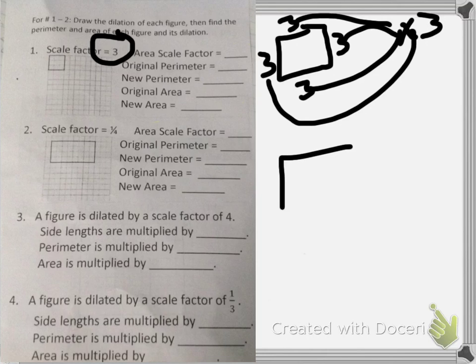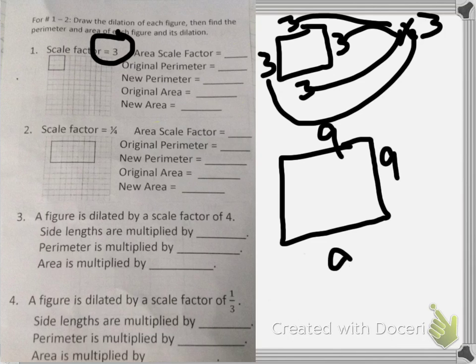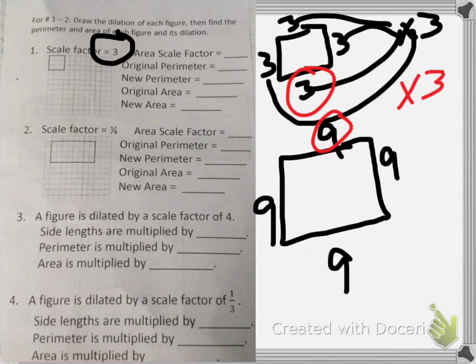My new square is going to be 3 times as big. That makes sense because when I look at the relationship between 3 and 9, 9 is 3 times as much as 3.